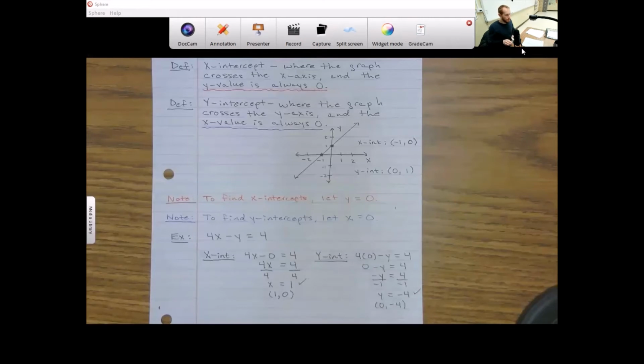Okay? So I'll give you guys a minute to copy that down. I know that was kind of a lot, but what we're going to do next is graph this line ourselves, and we're going to see that these two answers actually work themselves out. I'll give you a minute to do that, and I will start writing down the next problem.